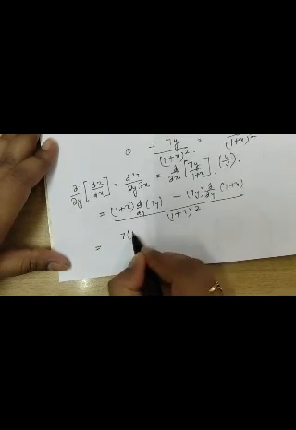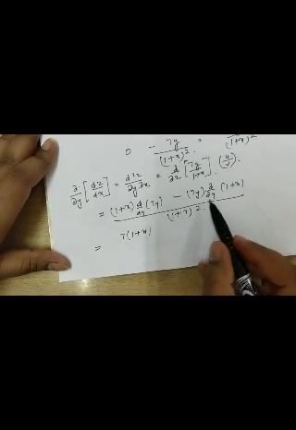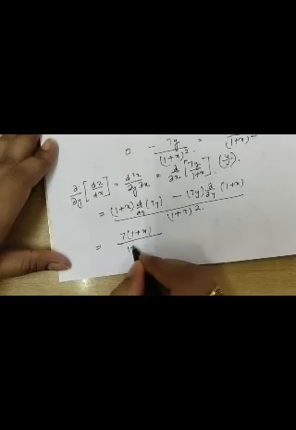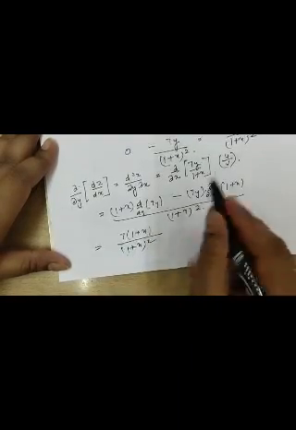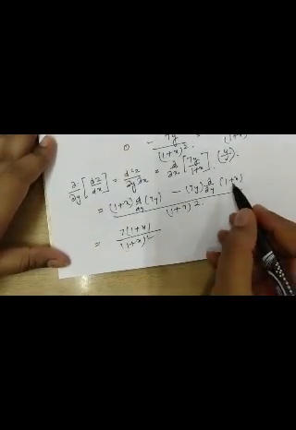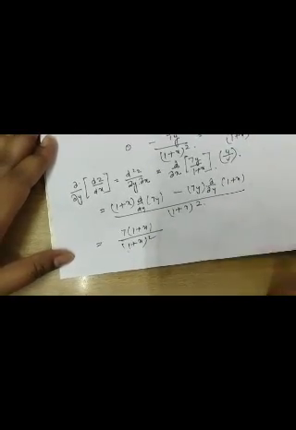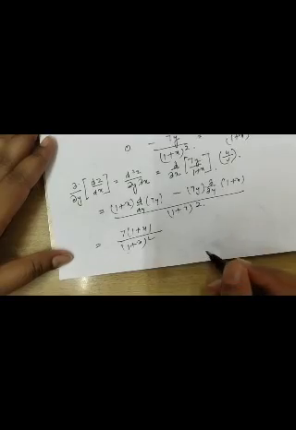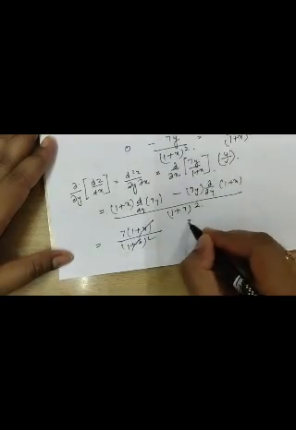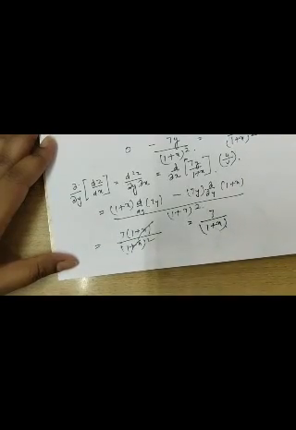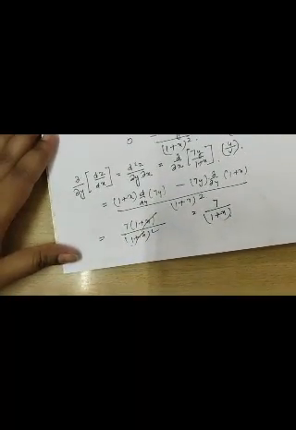So this will be 7, 1 plus x, right? And then this will be 1 plus x square. This will be 0, this will be 0, this will also be 0. Multiply it, it becomes 0 ultimately. You cancel this, your answer will be 7 by 1 plus x, right? Fine.